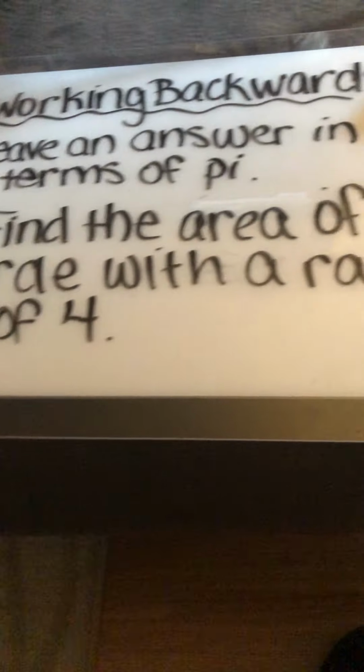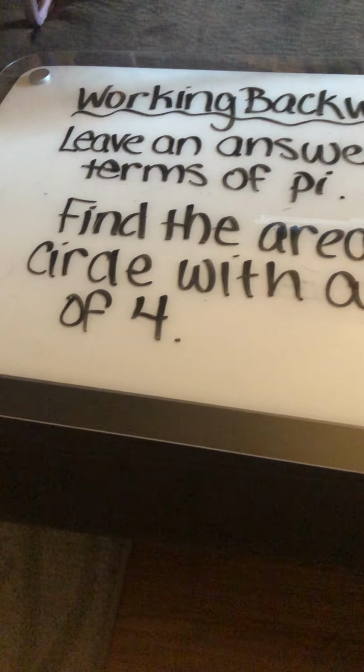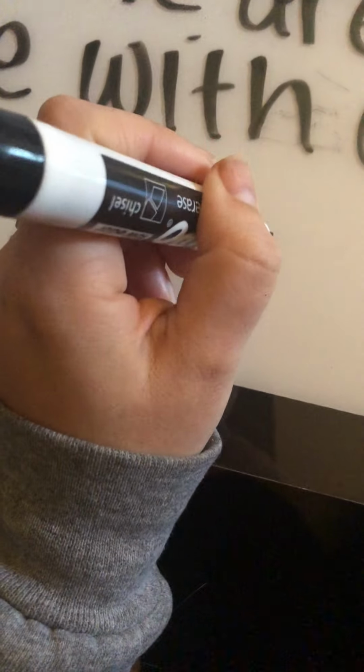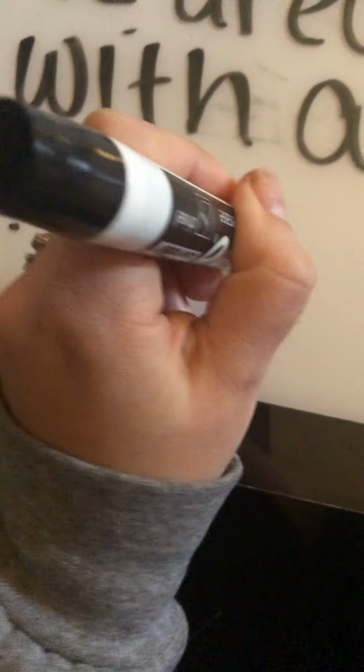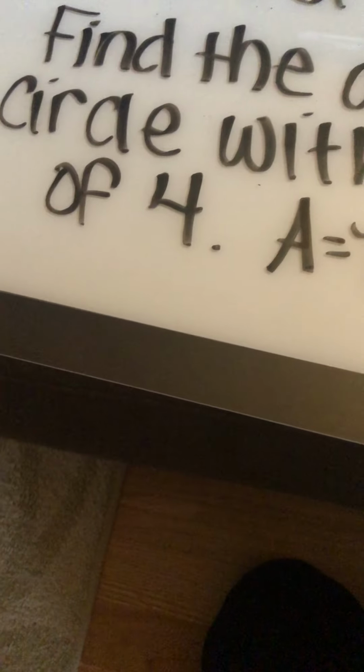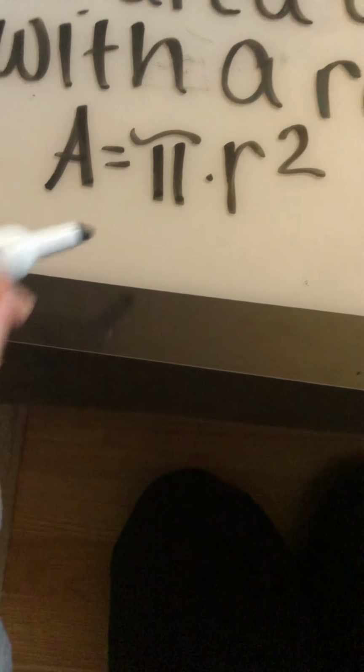So we're going to be finding the area of a circle with a radius of 4. So again, we're going to use the formula for area of a circle, which is A equals pi times r squared. So we know that our radius is 4, so we're going to plug in 4 for r.